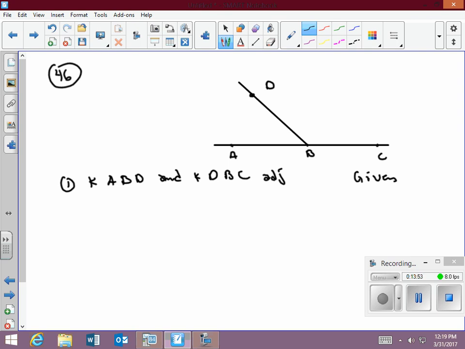And then A, B, C are collinear, and that's given. And we're supposed to prove that ABD and DBC are supplementary. So what would we do to prove that?